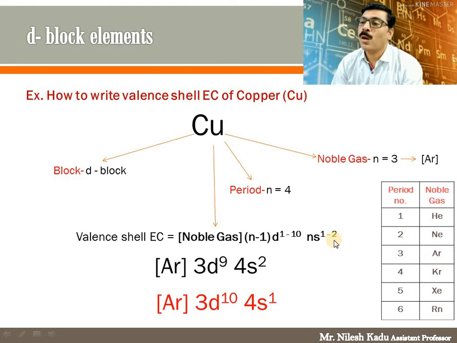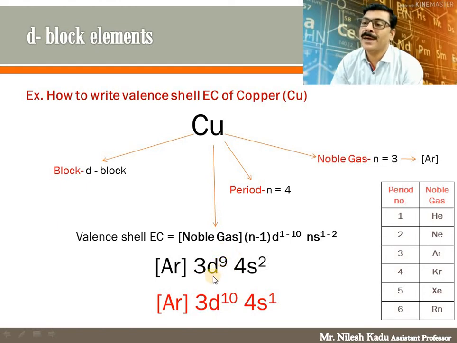So for copper, argon is the noble gas, so you can write argon in square brackets, then (n minus 1)d, and here the value of n is 4, so 4 minus 1 means 3d, and in the 3d transition series copper is present in the 9th place.